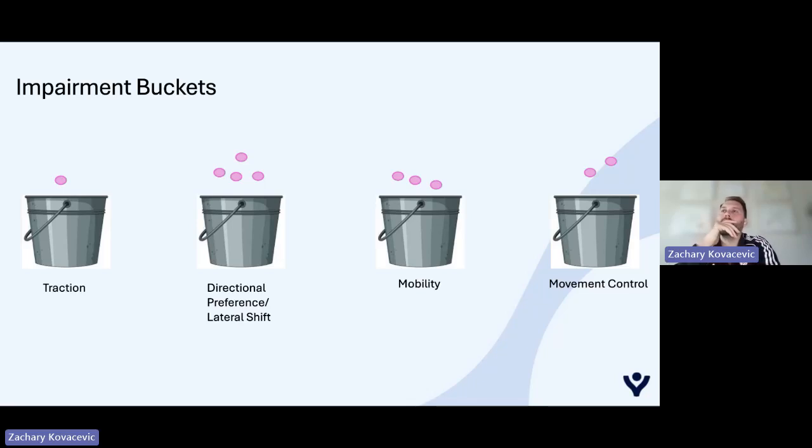Because if there are multiple impairments present and we don't address many of them or all of them, the individual might end up being 40% improved, 20% improved, 80% improved, but we can't get that final 20% because we're unaware of the other impairments to treat, right?